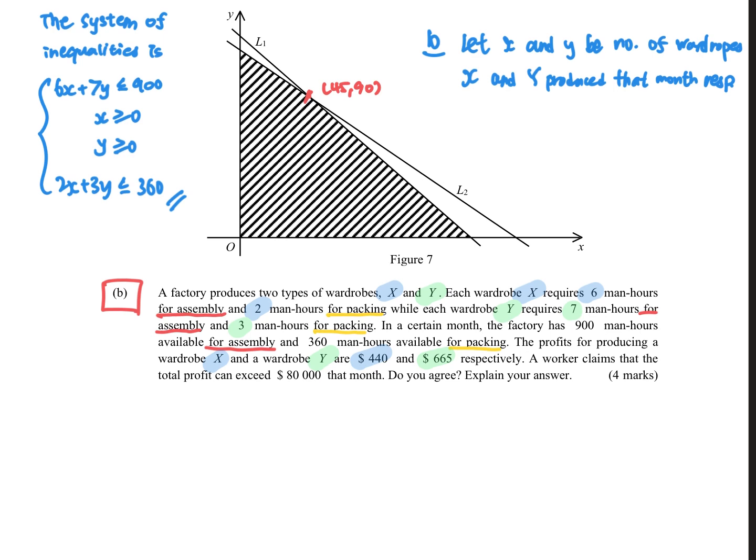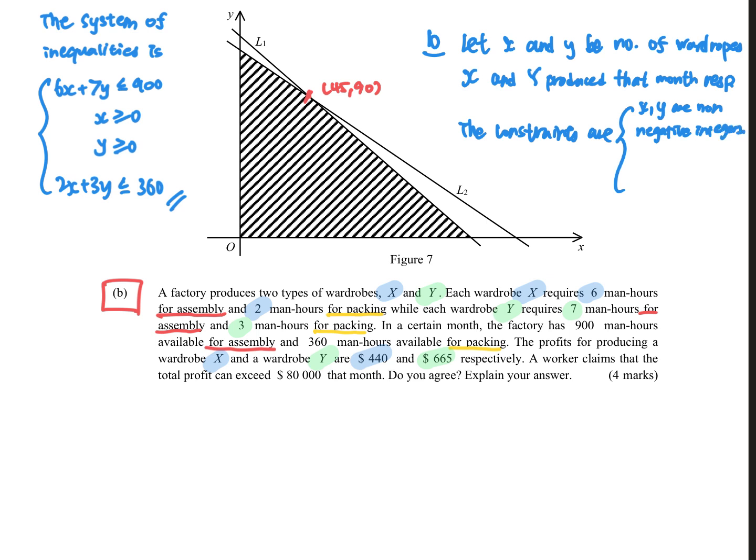And then the constraints. First of all, x, y are non-negative integers. This is the first constraint.